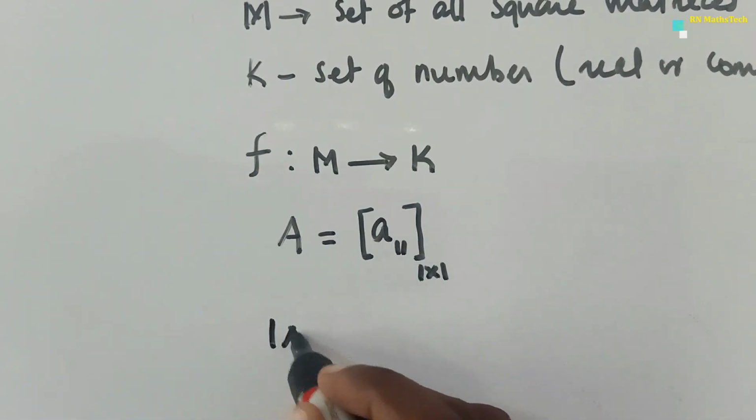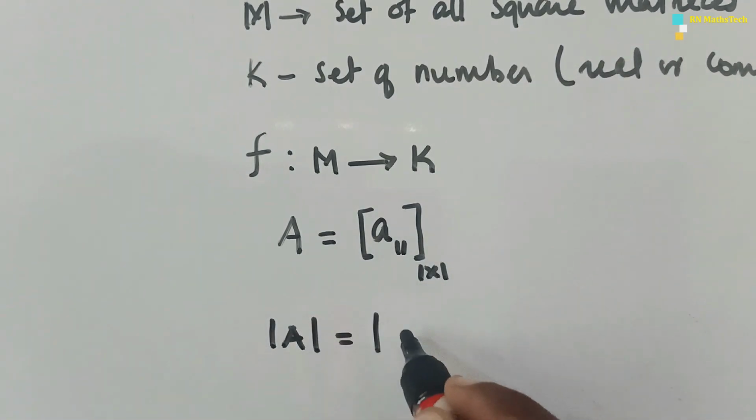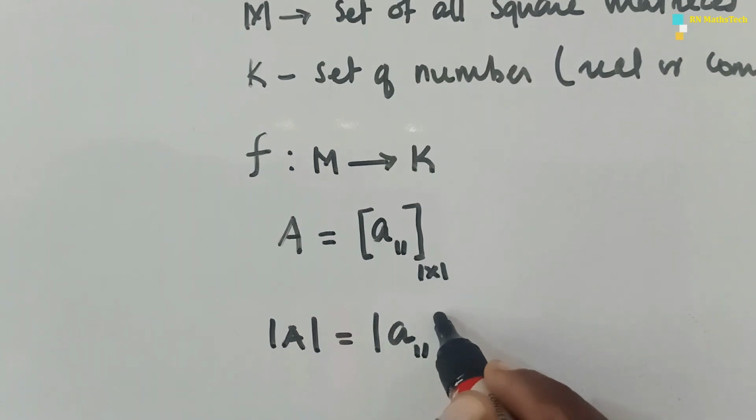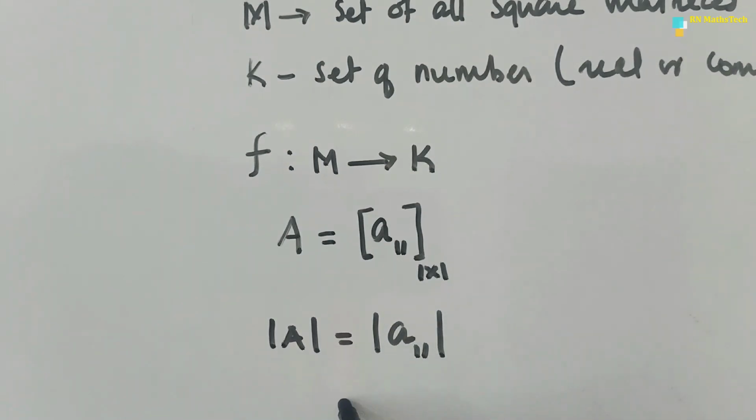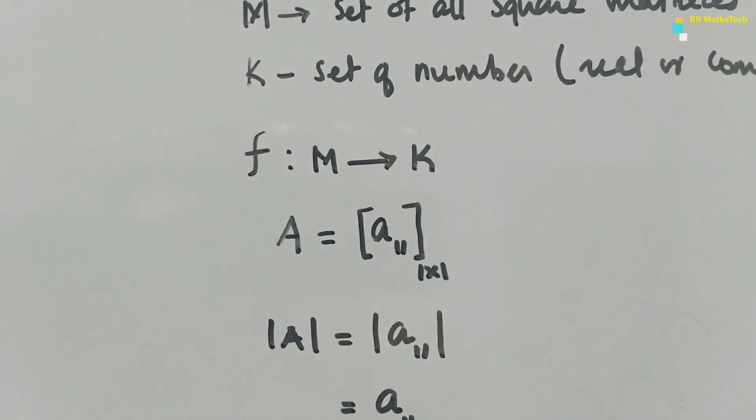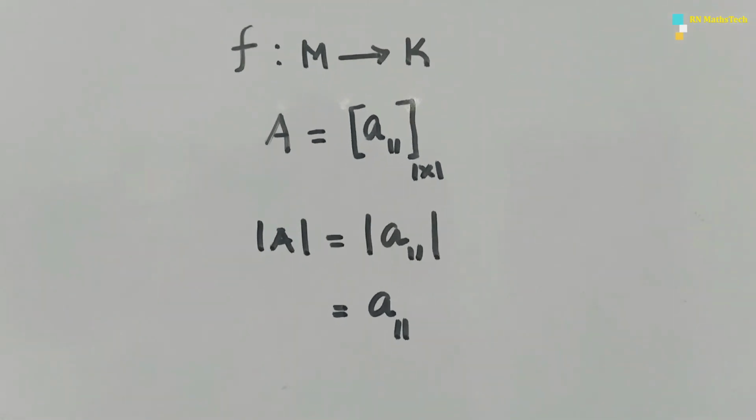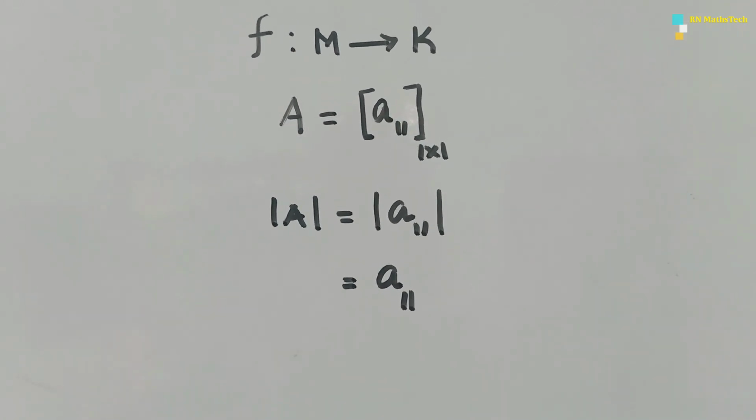So determinant of A is equal to determinant of A11, which is not the modulus, that is A11. The symbol is not the modulus. That is the determinant of a square matrix of order 1.